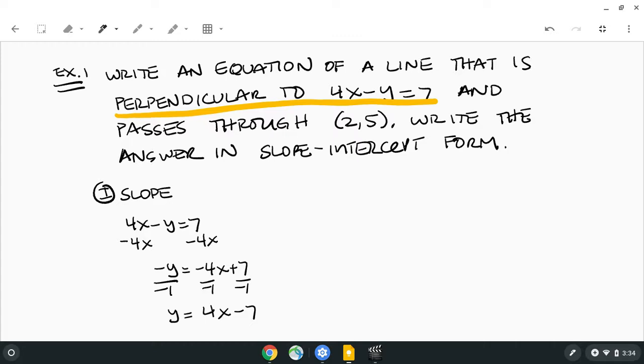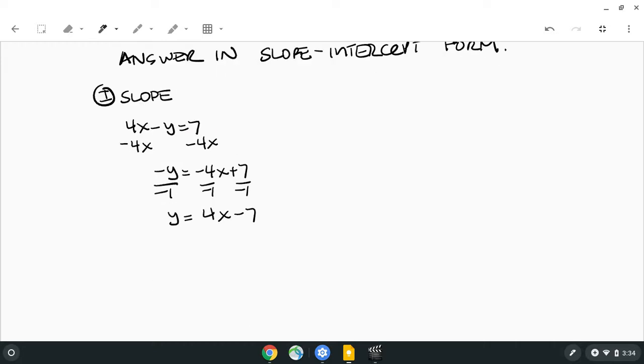Okay, so I know the slope of this equation. The slope of this equation, m, is 4, which means my slope is going to be the negative reciprocal. So this is the slope I'm going to use.